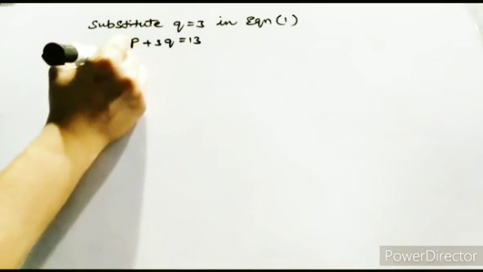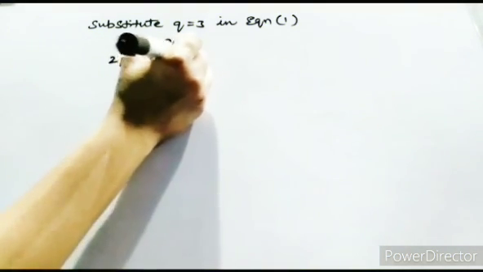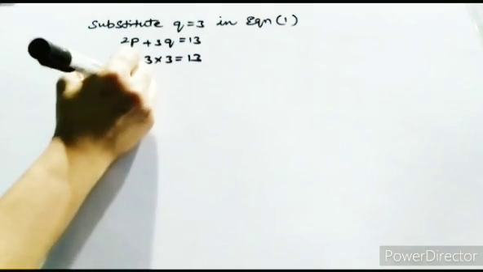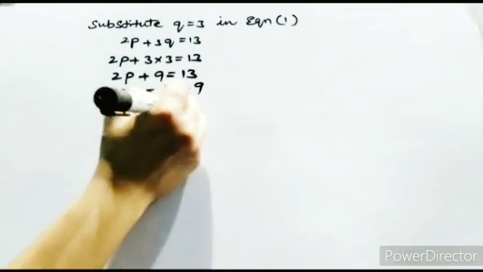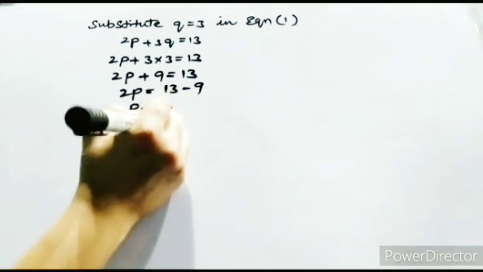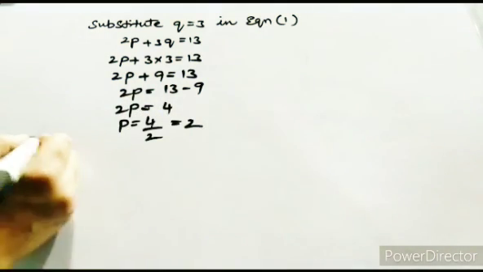So 2p plus 3 into 3 equal to 13, 2p plus 9 equal to 13, 2p equal to 13 minus 9, 2p equal to 4, p equal to 4 by 2. What value are you getting? 2.